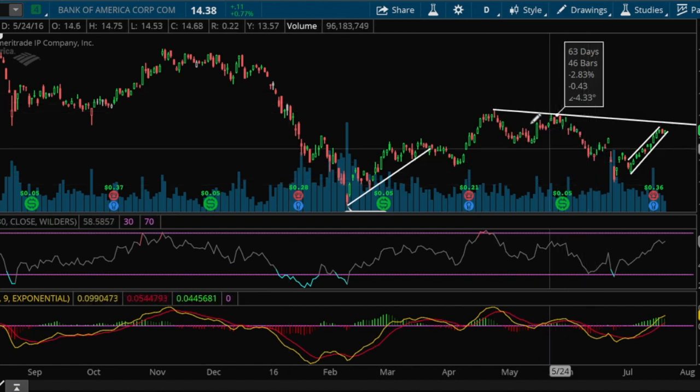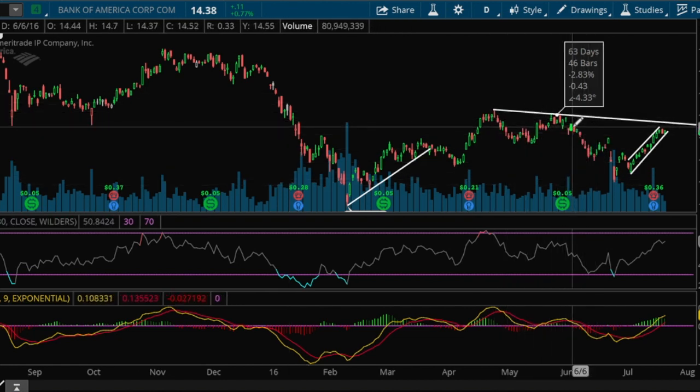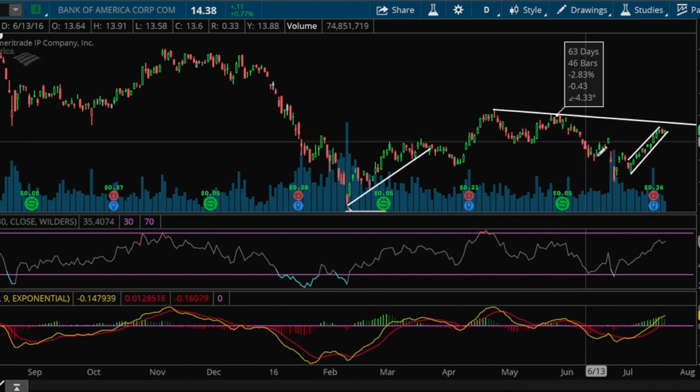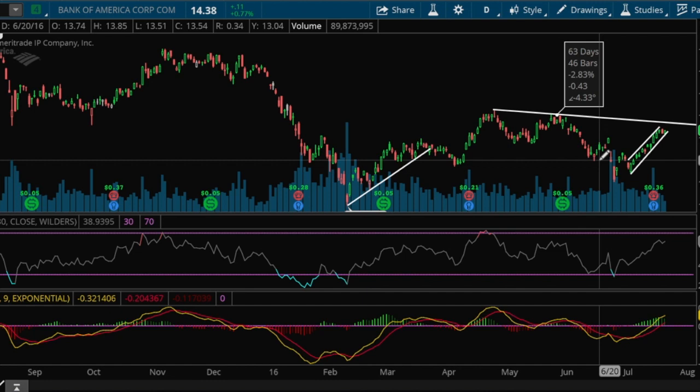But until you get above this midline area, it's going to either stay below or stay above. So it needs to get above, and then it'll trade higher. If not, it's going to stay underneath, and you'll probably see Bank of America trade down into the 13s again.